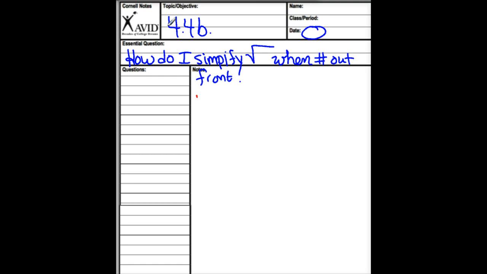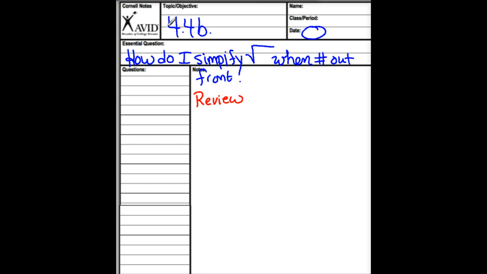So we're going to start with a little review, just one problem from yesterday's. First thing I'd like you to do is see if you can generate the first 10 perfect squares yourself. Pause the video and try to do that.